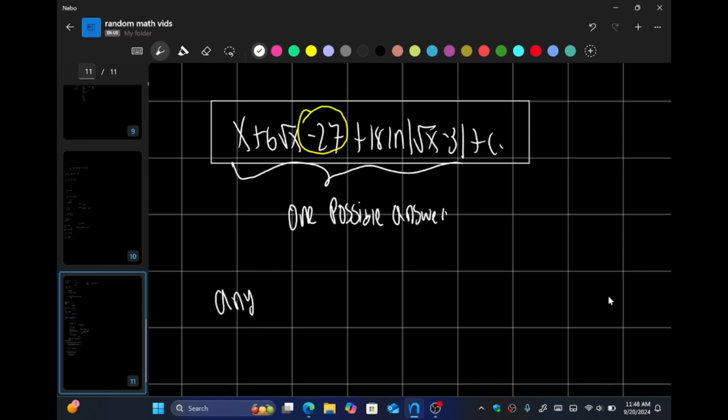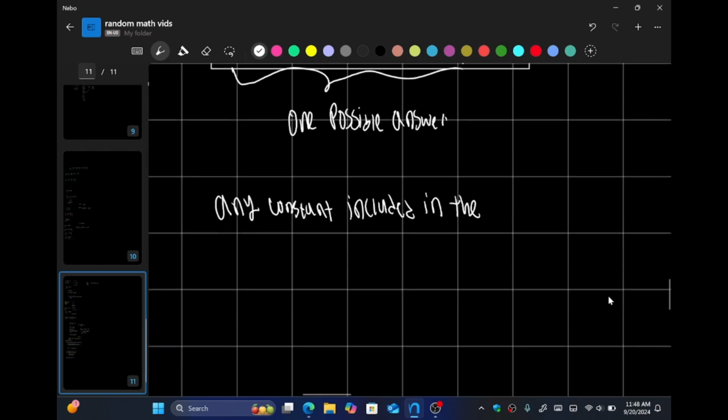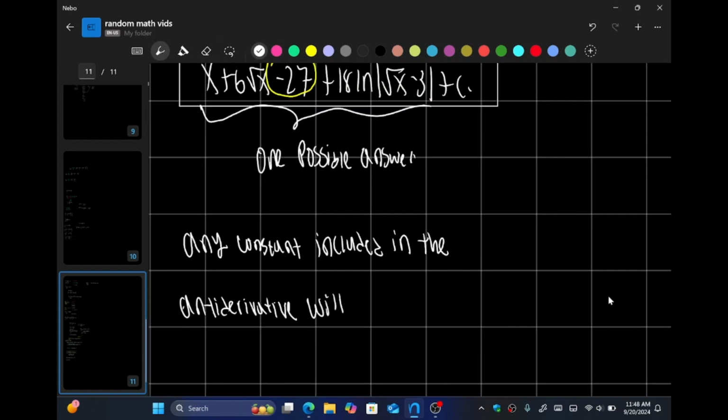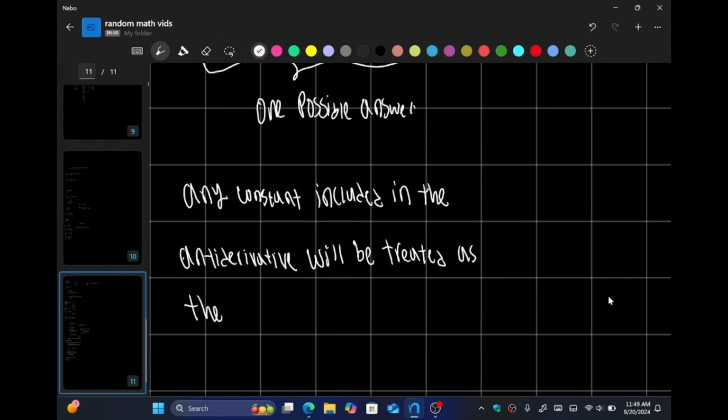So any constant included in the antiderivative will be treated as the arbitrary constant C, right?